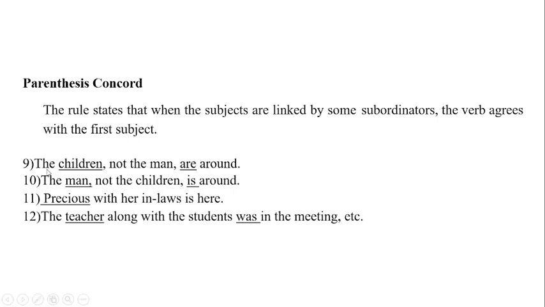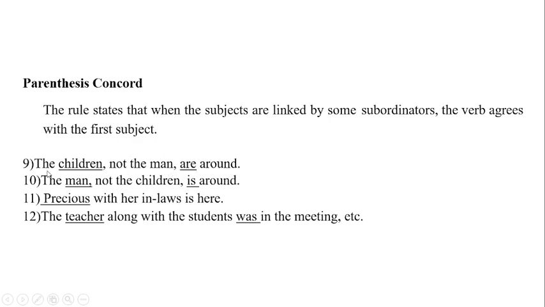The children would dictate the type of verb that is going to work with the sentence. So the children here is plural, so the verb will be plural. The verb will not agree with the man because the man is in parentheses, in brackets.